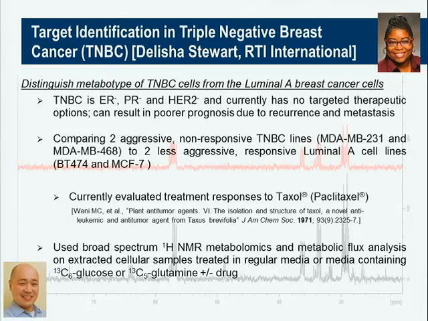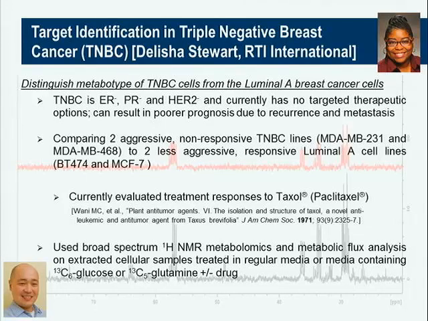Then we take the cells and treat them with Taxol, which is a cancer chemotherapeutic, and the luminal A cells and the triple-negative breast cancer cells respond differently. Then, in addition, we treat the cells with compounds like carbon-13 labeled glucose or carbon-13 labeled glutamine, and we look at how the cells utilize different sources of energy, like sugars, or how they utilize different amino acids, and we can see the uptake of those amino acids and sugars differently.